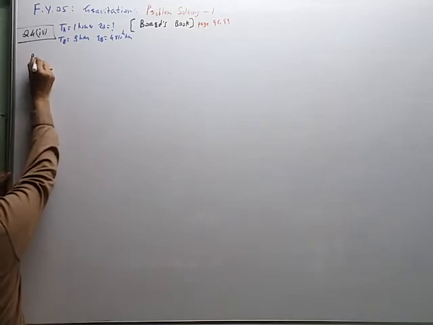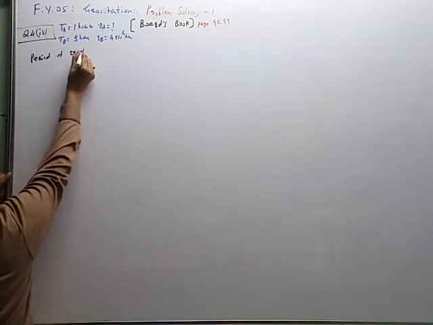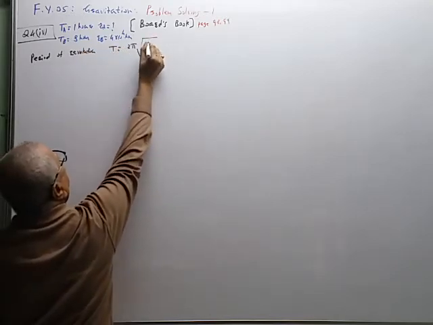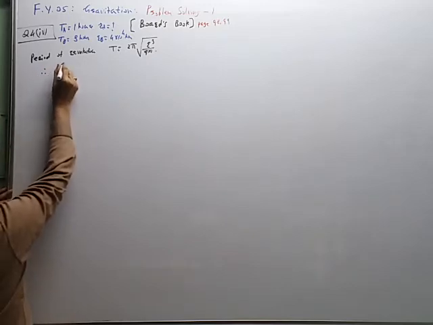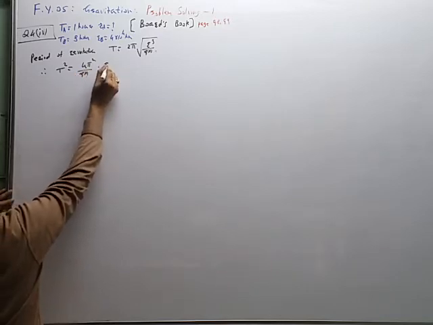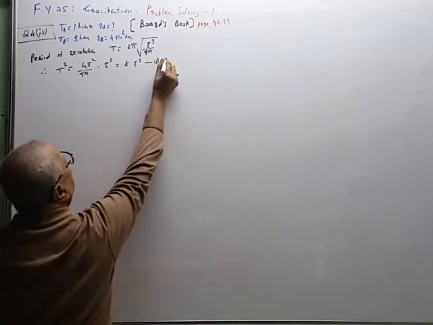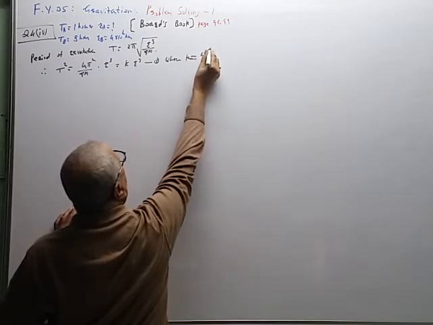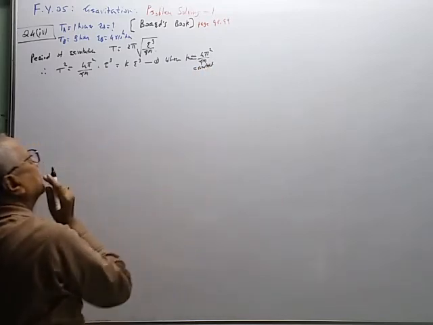So the period of revolution, capital T is equal to 2 pi multiplied by under root r cube upon GM. Therefore T square is equal to 4 pi square upon GM into r cube, that is equal to k r cube, equation 1, where k is equal to 4 pi square upon GM, a constant.